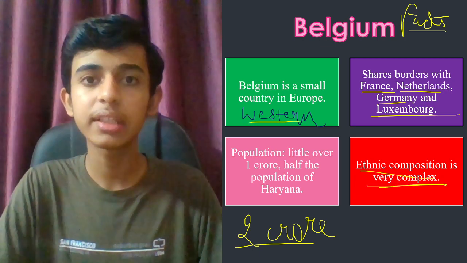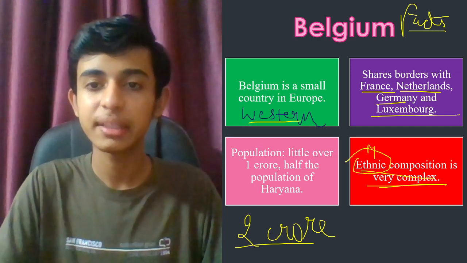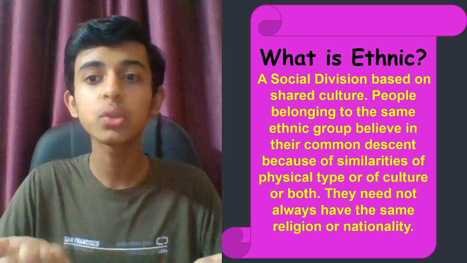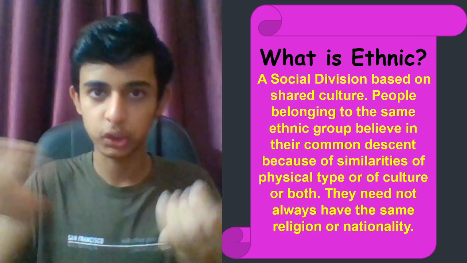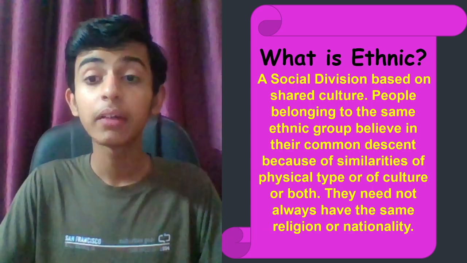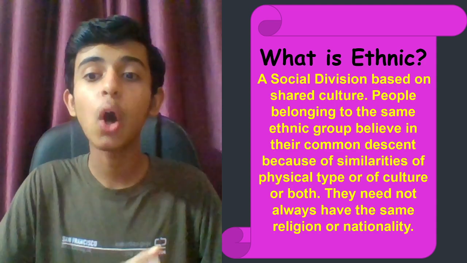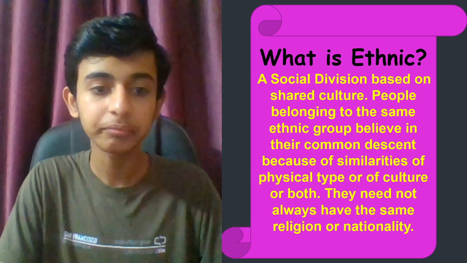But then you'll ask, what is the ethnic composition and what is the meaning of the word ethnic? Let me tell you. Basically, ethnic means a social division based on shared culture. How is the culture shared? When people belonging to the same ethnic group believe in their common descent. So they have something in common.